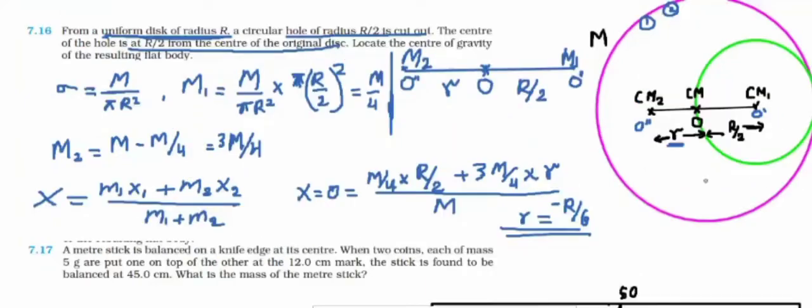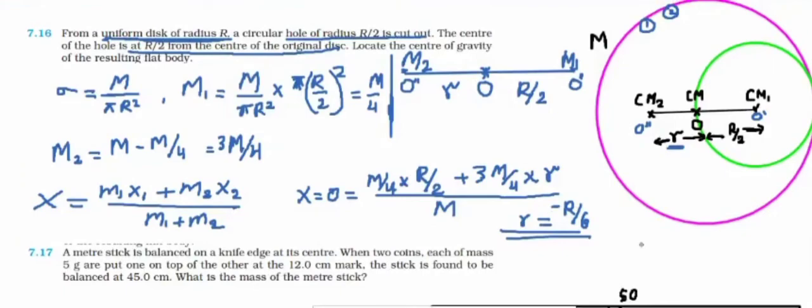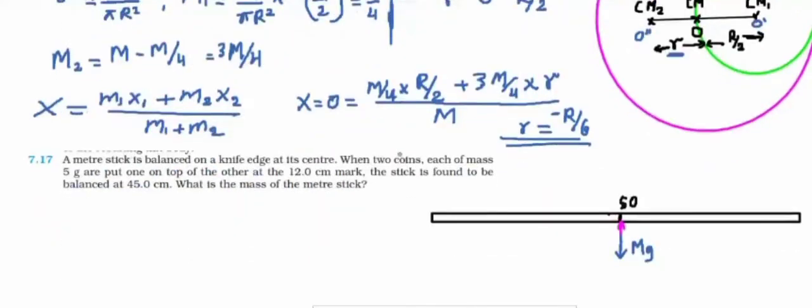What is the reason for the negative sign appearing in the final formula? Because you can see the new center of mass CM2 is on the left hand side of the actual center of mass O. That is why there is a negative sign. So study the problem properly.